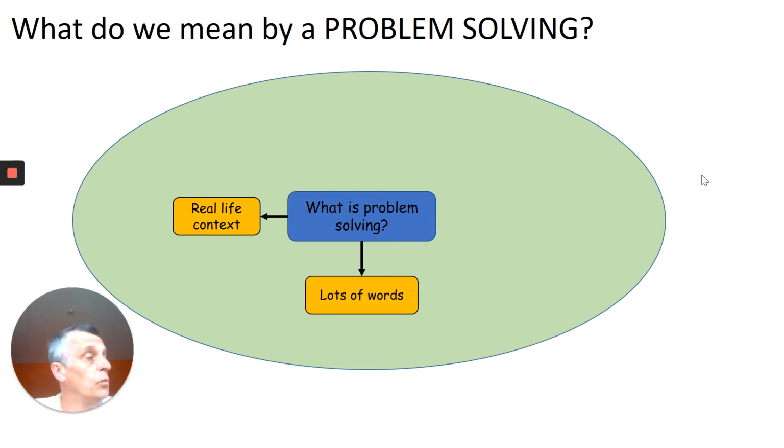There can often be a lot of words, and I hear people talking about wordy questions, and I don't like wordy questions. But the key with wordy questions is we're going to have to read them and we're going to have to understand them, and before we're doing any maths, we need to do that. So often problem solving questions have a lot of words.